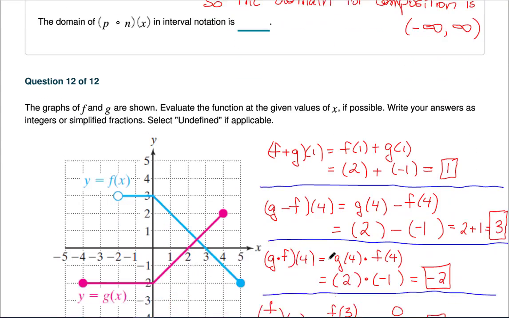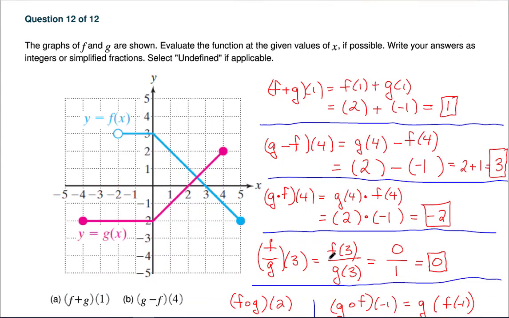All right, and then we begin to look at question 12. Now, what's different about this problem versus the other ones is we don't have the actual rule for the function. All we have is the graph. So the one in blue is the graph for f of x, and the one in pink is the graph for g of x.